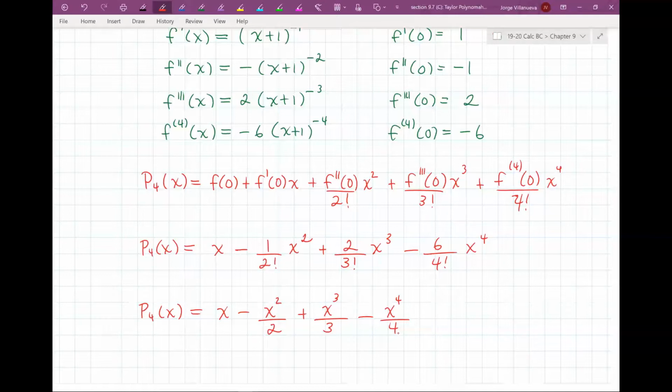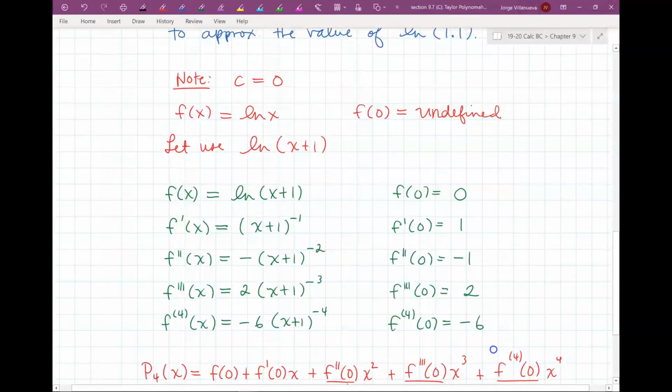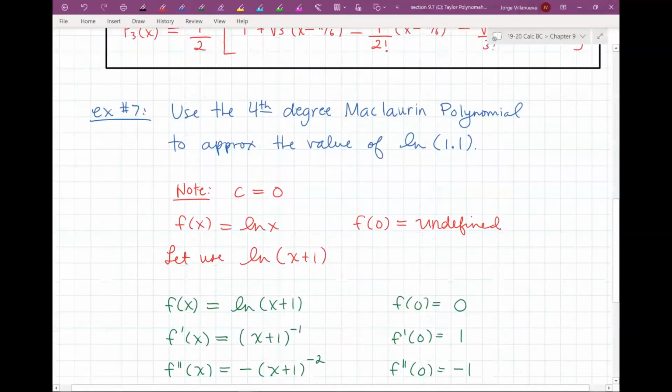So all I have to do now is my approximation, because that was actually the original problem, right? They didn't tell me to create a 4th degree Maclaurin. They said use one. So I had to create one. But now that I've created one, I got to find ln of 1.1, right? Which is basically, they want me to approximate it using my polynomial.